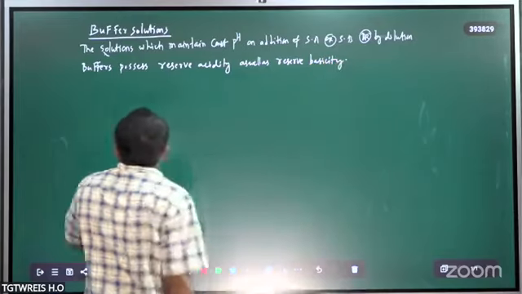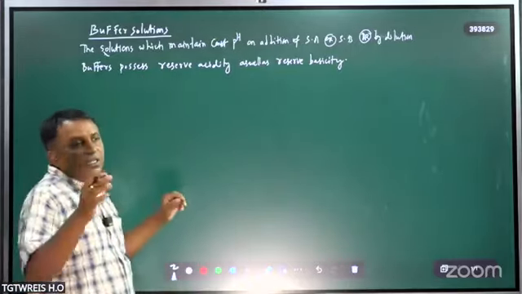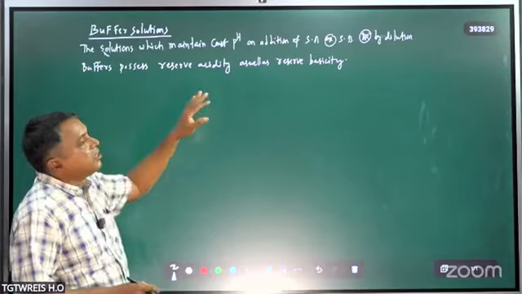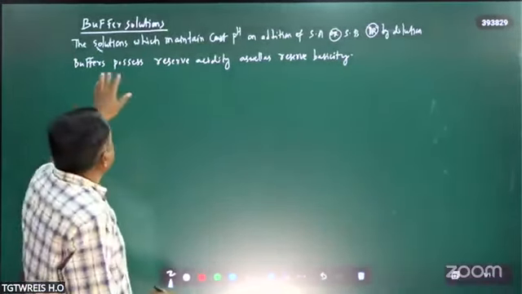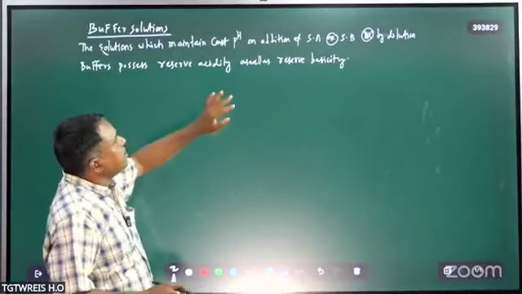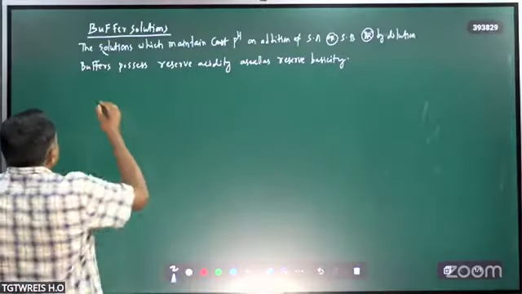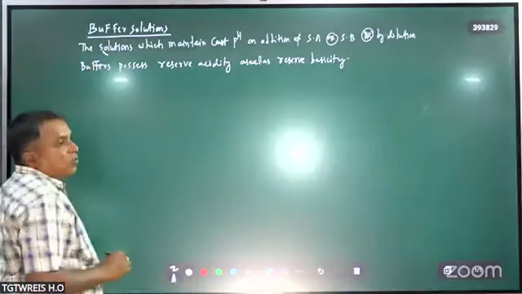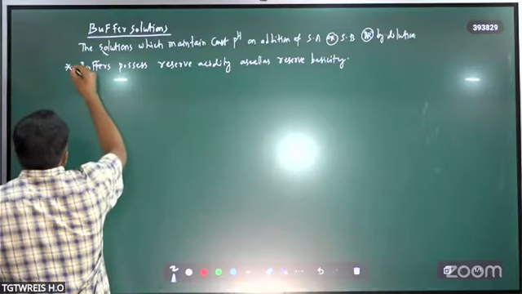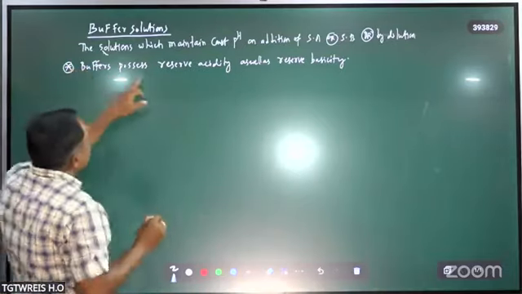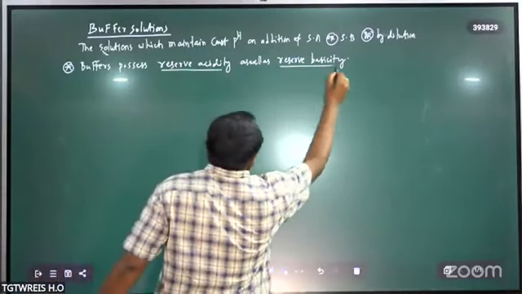That's why buffer solutions maintain the constant pH on addition of acid or on addition of base or by diluting with water. The solutions possessing reserve acidity character as well as the reserve basicity character, these solutions are called as what na? Buffer solutions. This is a very, very important point because they possess reserve acidity as well as reserve basicity character.